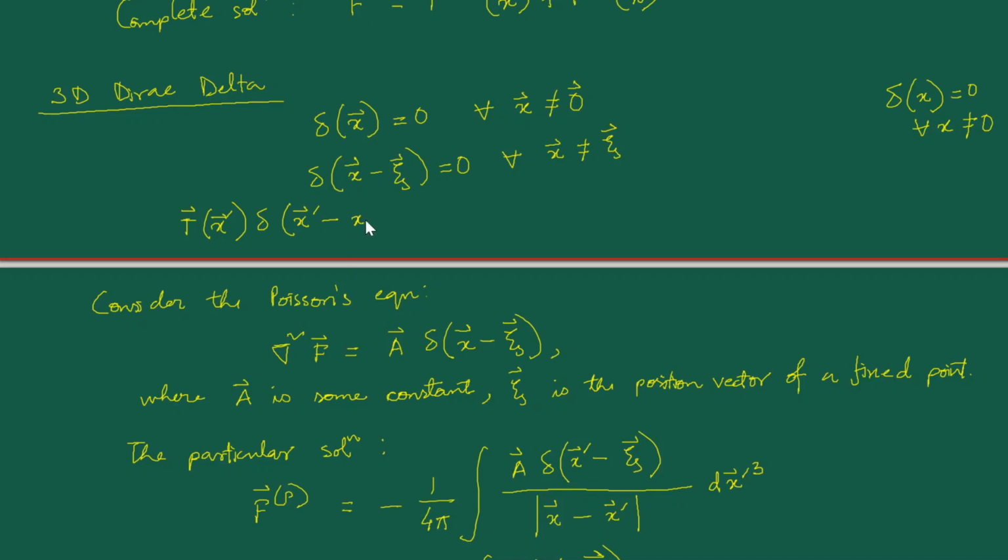Or we can use this to be some other variable, doesn't matter. Let's say this is anything else. Let's say this is a xi. And suppose again we are integrating over the entire volume, the x dash being the dummy variable for the integration purpose, and we are carrying out this integration.